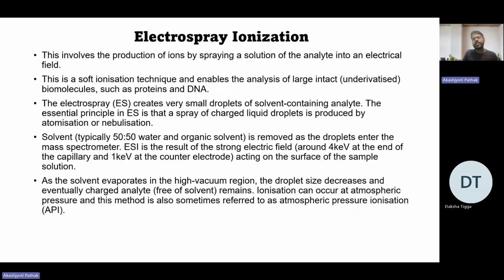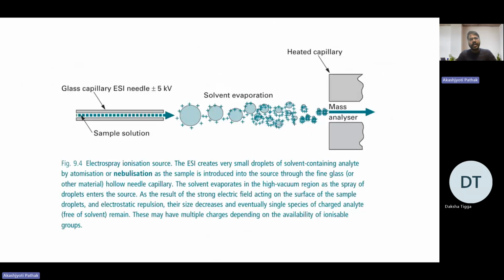Now let's look at what is spray ionization. So look at this figure first. You have a sample solution. The sample, a protein for example, is present in a buffer. Okay.